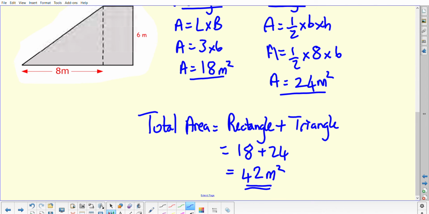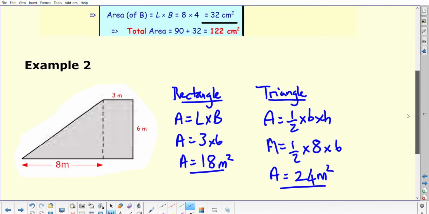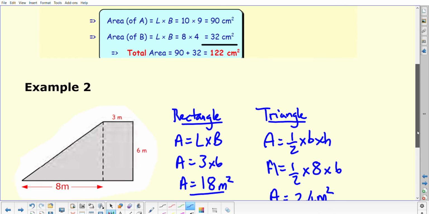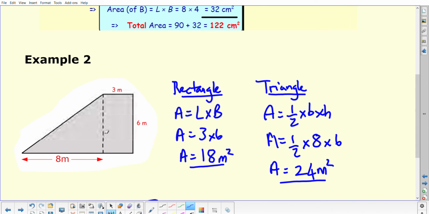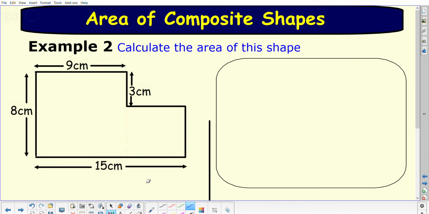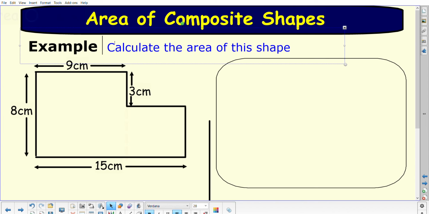Make sure you've got the units correct when you do this. So basically finding areas of, these are called composite shapes, where they are constructed or made up of more than one shape.